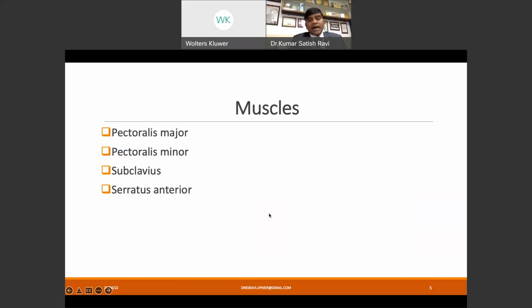Now, in the pectoral region, when you dissect, you remove the skin, the superficial fascia, and the deep fascia, and you will find the following muscles. The very first muscle you will come across in the pectoral region is the pectoralis major. When you cut and reflect the pectoralis major, you will be able to appreciate the pectoralis minor.